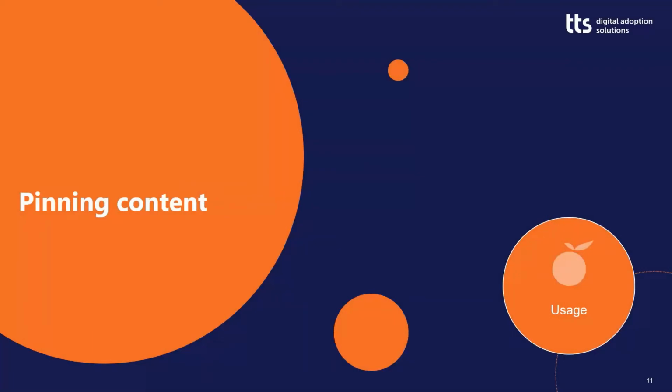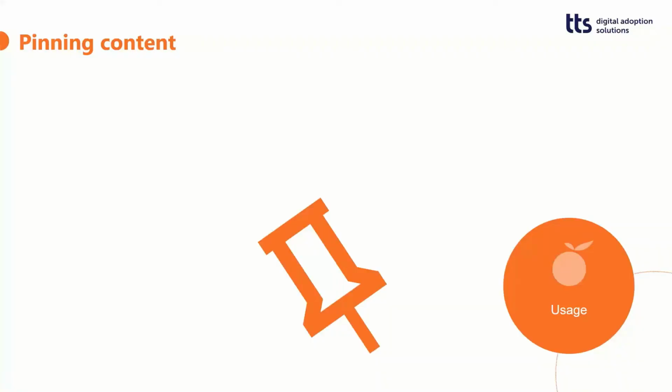Of course, those special contexts that we designed for the purpose of searching in additional sources might not only be used for searching, but can also be used for another application, and that application is pinning content.